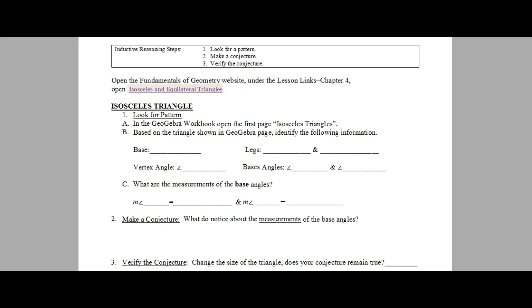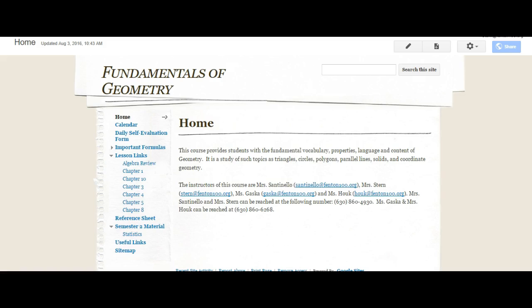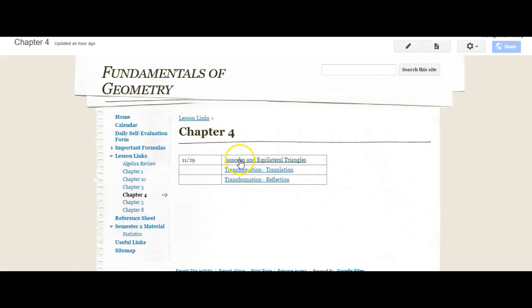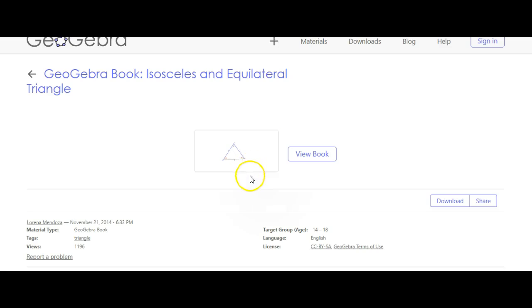The first thing we're going to do, though, is get to the Fundamentals of Geometry website. You're going to go to Lesson Links, Chapter 4, and you're going to be working on the isosceles and equilateral triangles activity. That's going to take you to GeoGebra.